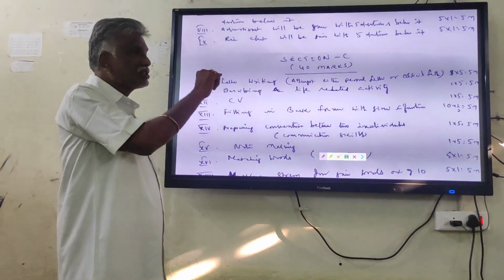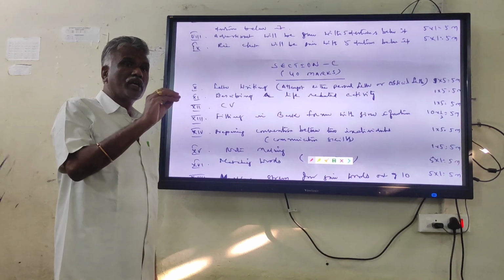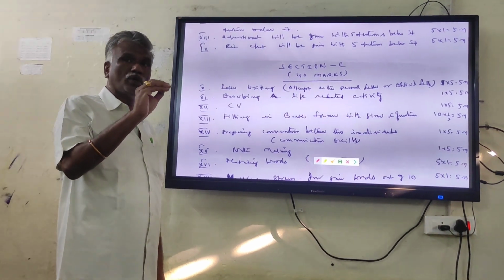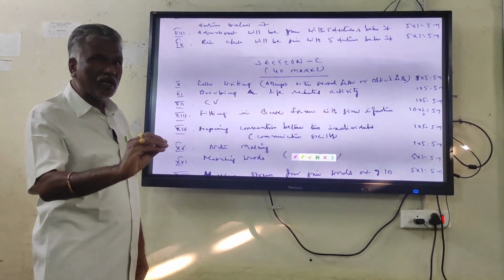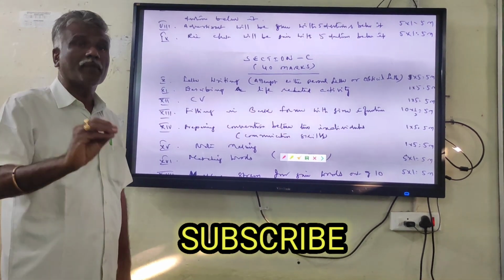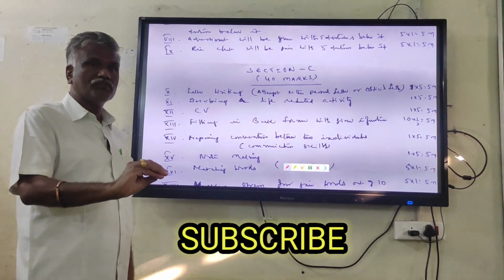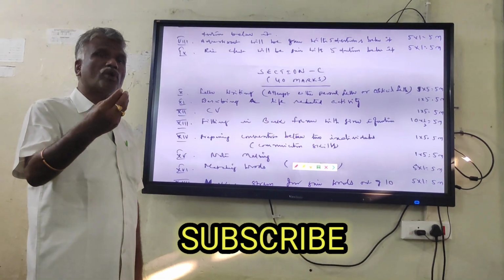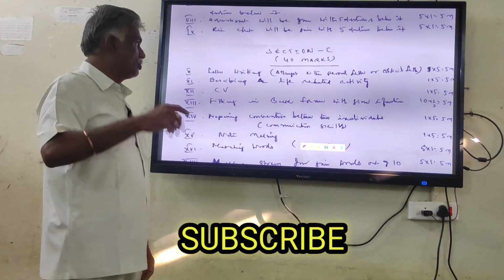So under Section B there are 20 marks. These 20 marks are easy to get. Even a below average student can secure 20 out of 20 if he practices them 3 or 4 times before he goes to the public examination.